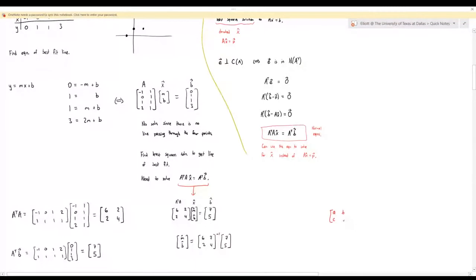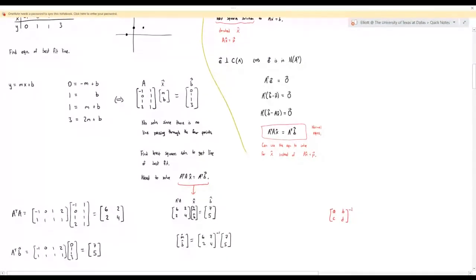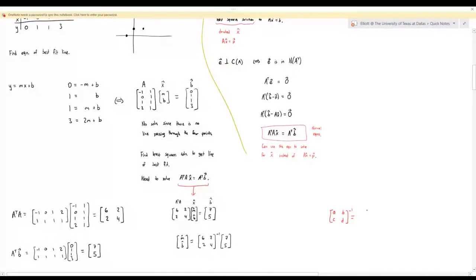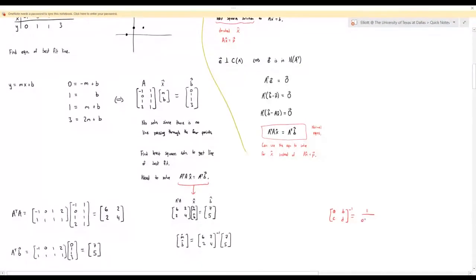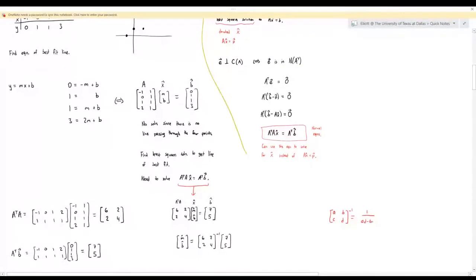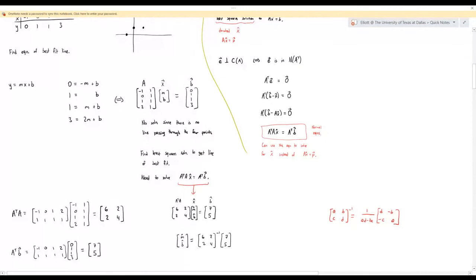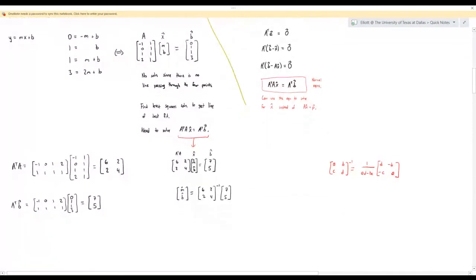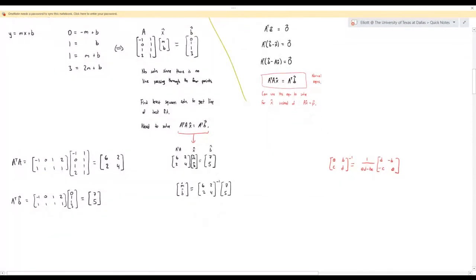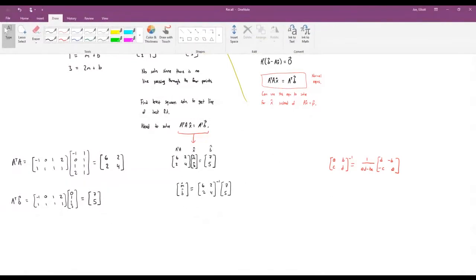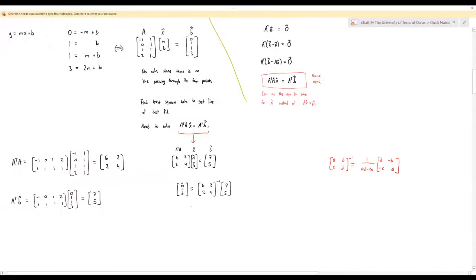If you had a 2x2 matrix A, B, C, D, the formula for its inverse is 1 over AD minus BC times D, negative B, negative C, A. Just because I know that formula, I'm going to solve this by using the inverse.